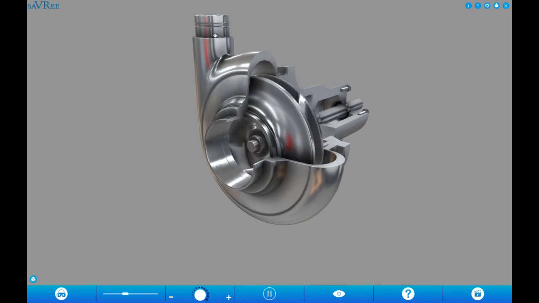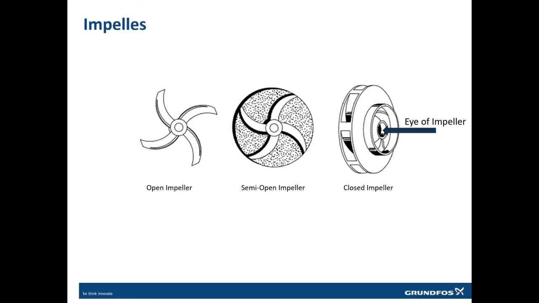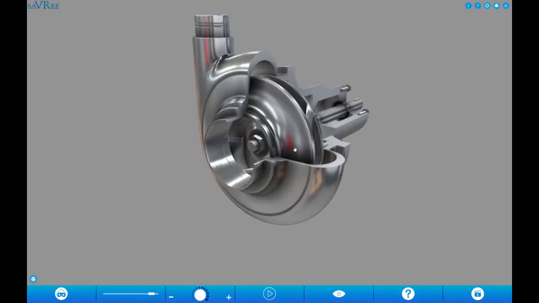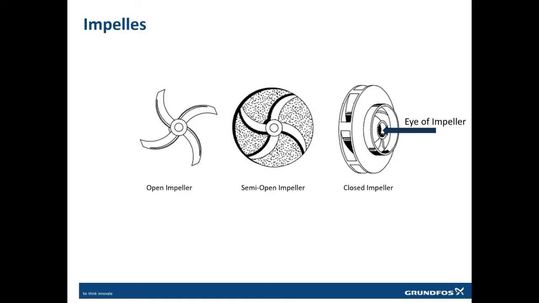In standard terms, it's called the discharge port. This impeller is made of different materials. It could be stainless steel, bronze, cast iron, or sometimes titanium when the application is seawater, and sometimes it has a lot of different coatings. But what is the impeller? The impeller is the moving component inside the volute which generates the pressure.